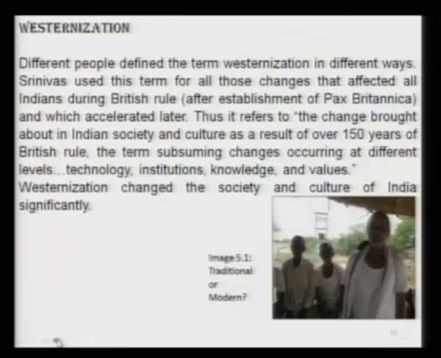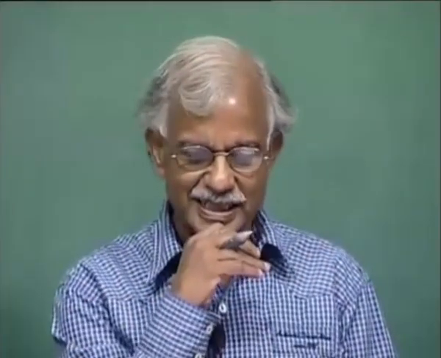So, everything was changed. Westernization means change brought about by 150 years of British rule. The Englishmen, the British had a different technology, they had their own different institutions of family, education and so on.